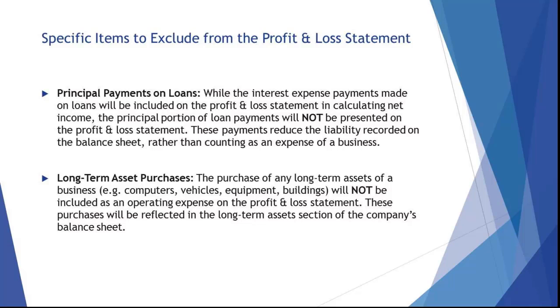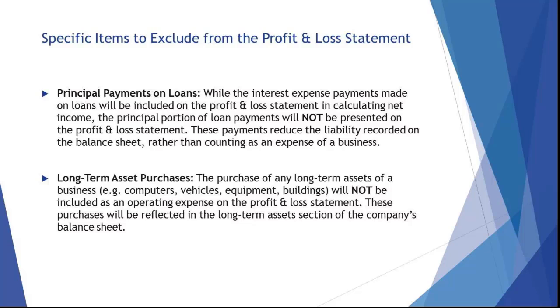One of these is going to be principal payments on loans. As we discussed on the profit and loss statement, you will show those interest expense payments that you make on loans, but you do not want to include the principal portion of loan payments on the profit and loss statement.